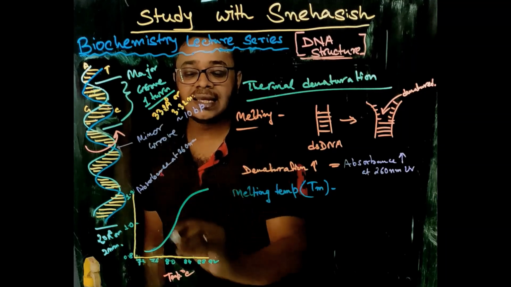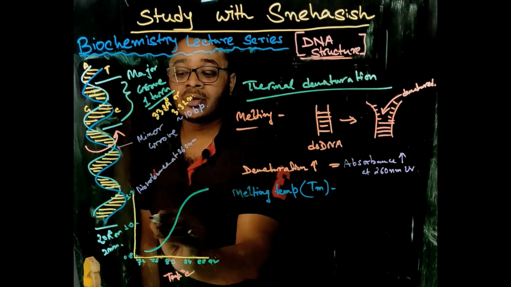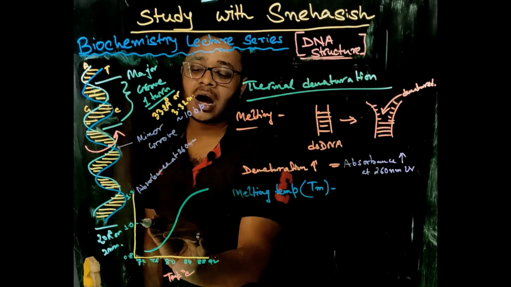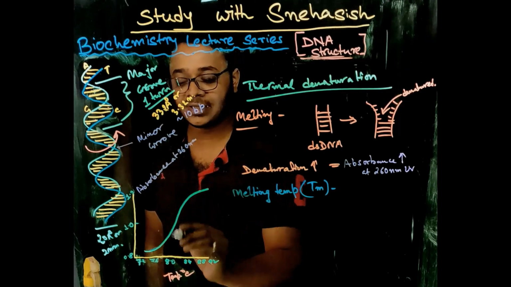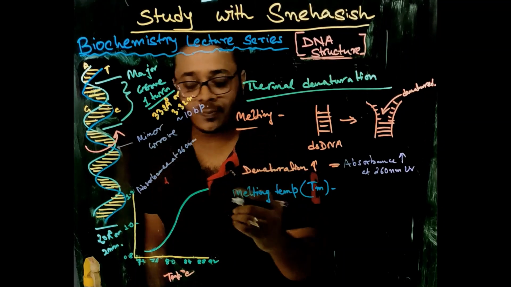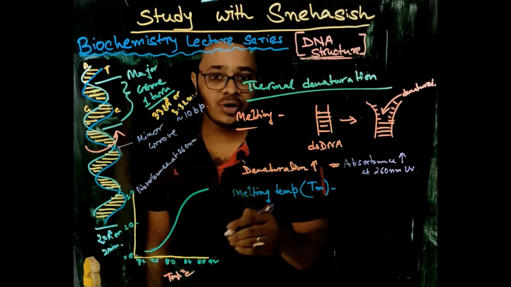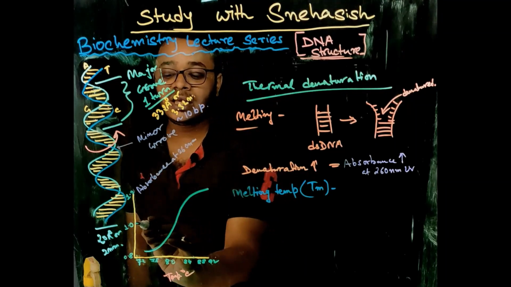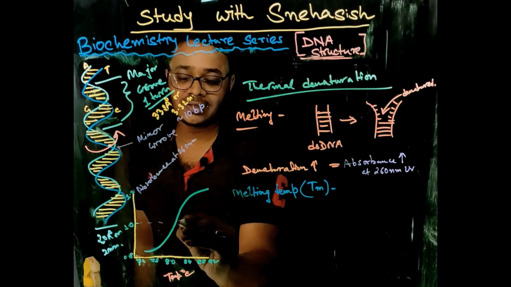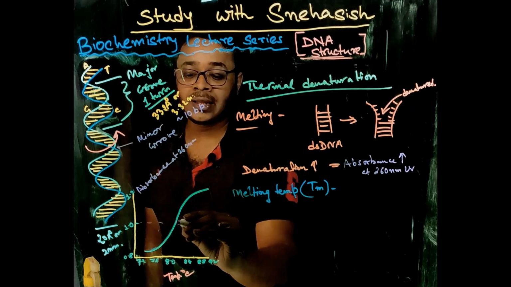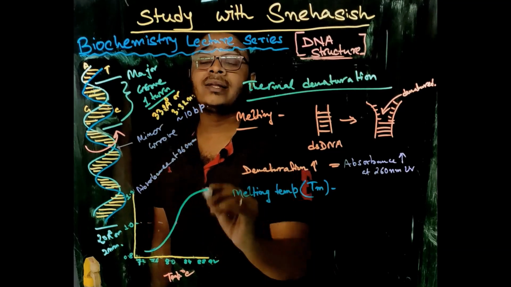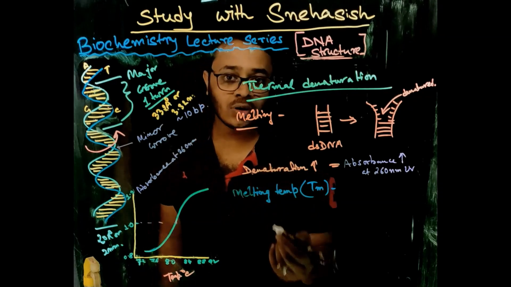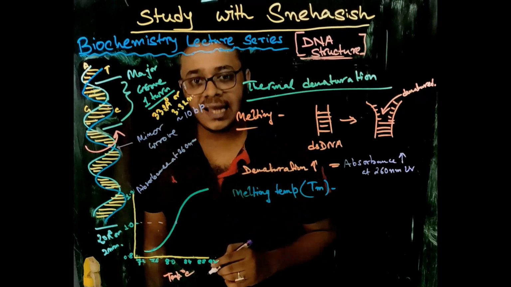Now on this S-shaped sigmoid curve, suppose this is the point which is half of the maximum absorbance. When the DNA will be completely denatured, this is half of that absorbance. So this is the point where half of the DNA has been denatured.